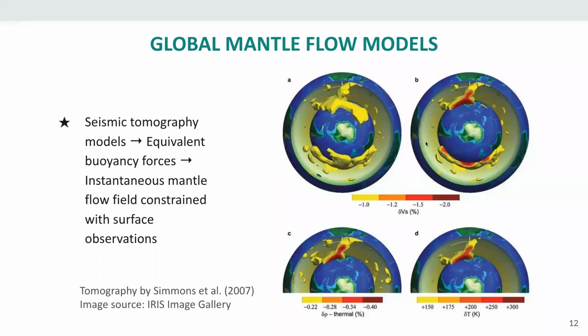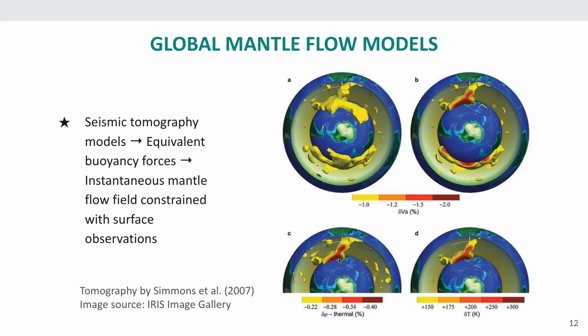If we look at the Vs distribution or the tomography data, and this tomography is a global tomography, so you can see it goes from the surface to the core-mantle boundary. The regions that are seismically slow can be interpreted as regions that are hotter. So for example, here, the red regions which are slower are also regions that have higher temperatures. And consequently, the regions that have higher temperatures are also the regions that can be interpreted as low density.